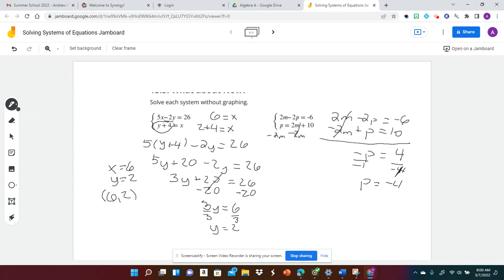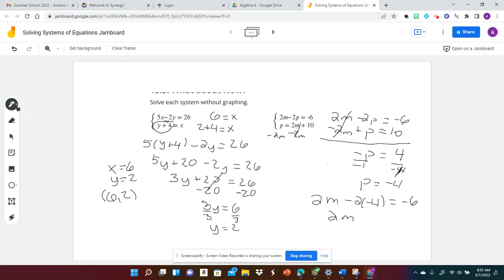And then what you do is substitute in to get your answer. So I'm going to pick this equation, and I'm going to write, well, 2m minus 2 times negative 4 equals negative 6.